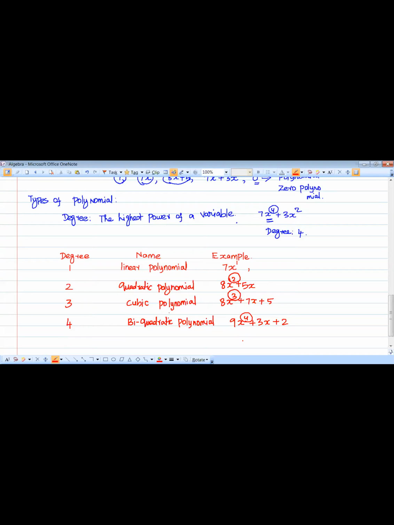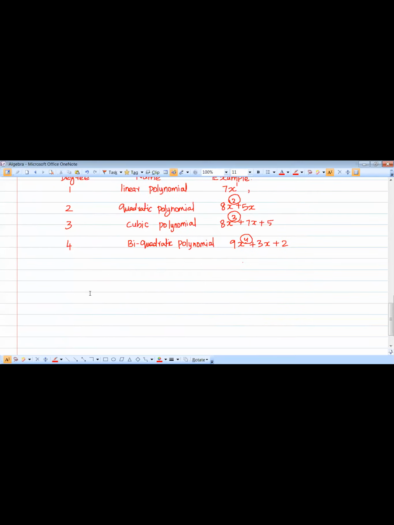Yes, only 4 is sufficient. So till your 12th standard, you are going to study only till this biquadratic polynomial. You don't bother about more. So next, we are in the last part of this explanation.